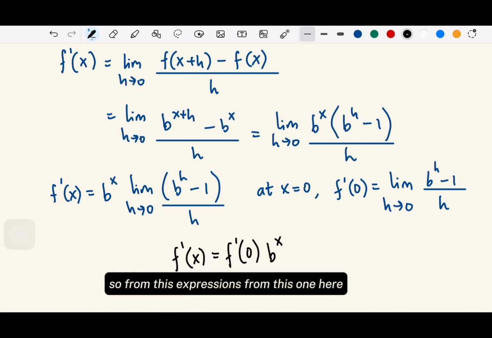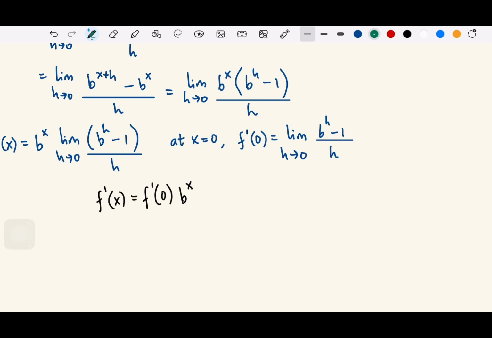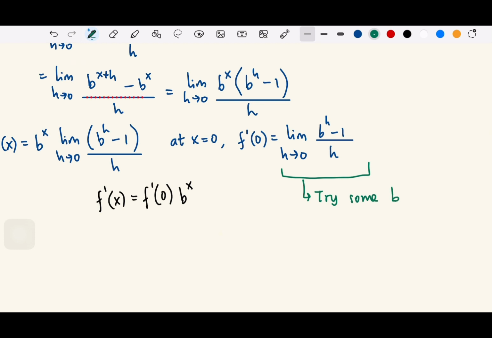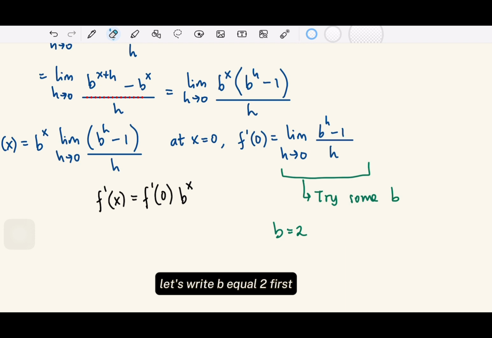So from this expression here, we try some b. To make it obvious, let's say we take b equal 2 and b equal 3. Or maybe let's write b equal 2 first.